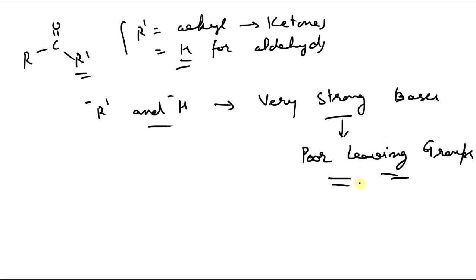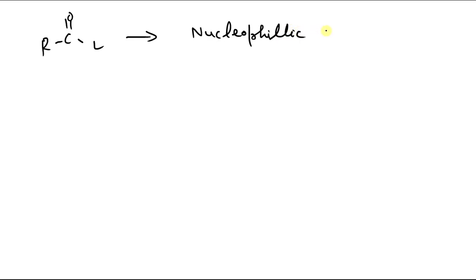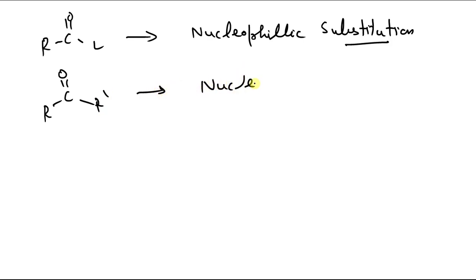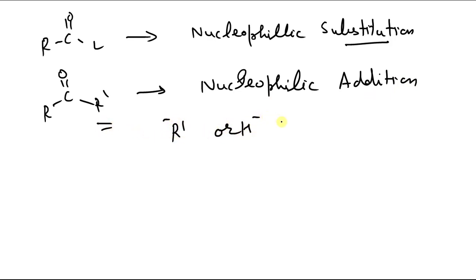So that was all for today. We just discussed that carboxylic acid derivatives undergo nucleophilic substitution reactions, whereas aldehydes and ketones undergo nucleophilic addition reactions, and the reason being that R dash negative or H negative are very poor leaving groups.